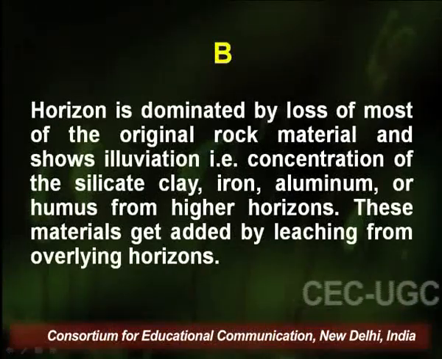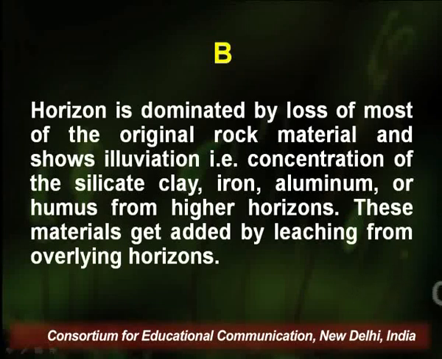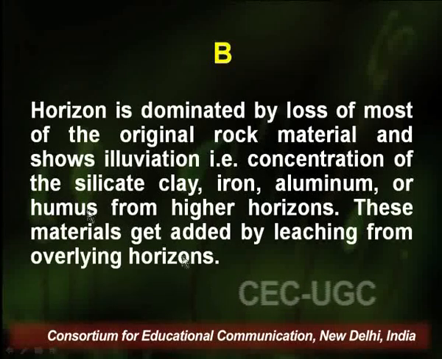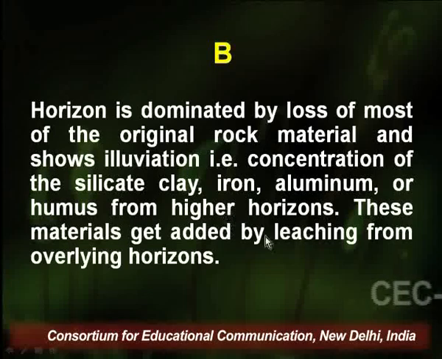Now if we move on to the next horizon, that is horizon B, it is dominated by loss of most of the original rock material and shows alluviation, that is concentration of silicate clay, iron, aluminium or humus from the higher zones. Now, these materials get added by leaching from the overlying horizons.